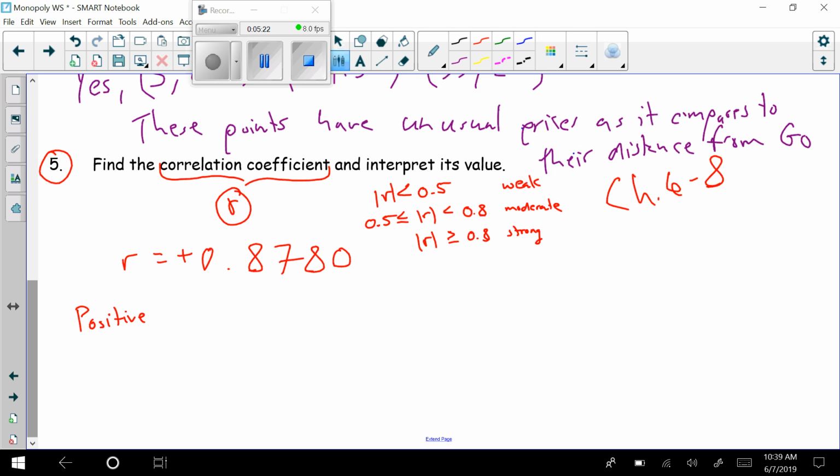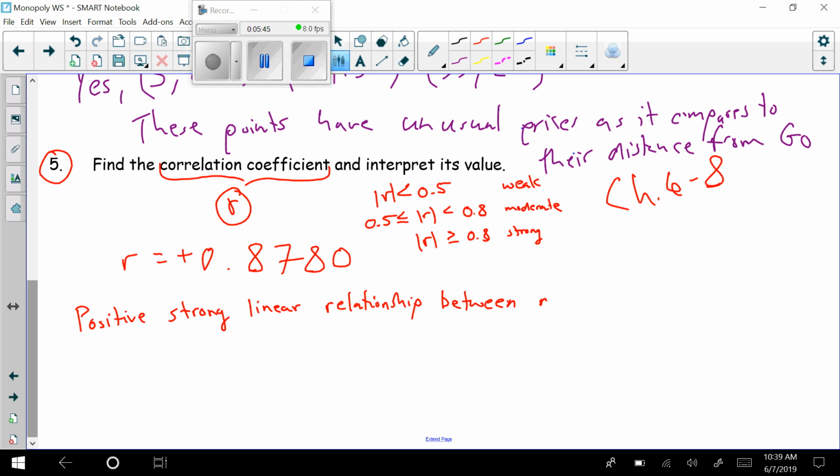So I say this is a positive, strong, linear relationship between, and now I state the variables. Okay, well, what's my variables? Between x first, right?